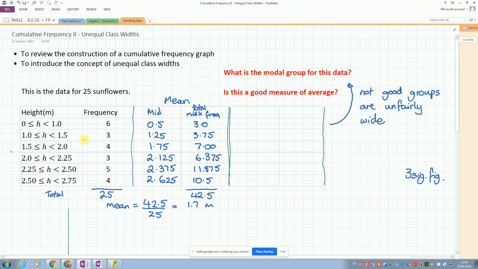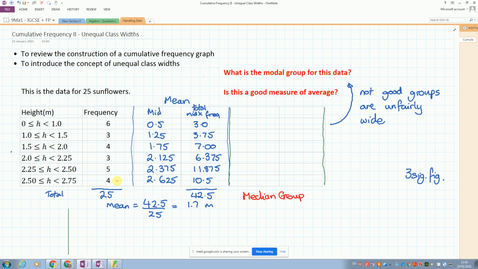We can also find the median group. We've got 25 items, so the median group, which doesn't need a table. Actually, yeah, let's do the median group. The problem with doing the median the way I'm just showing you, this is new, is that it doesn't give me a single value. It only tells me a group of numbers.